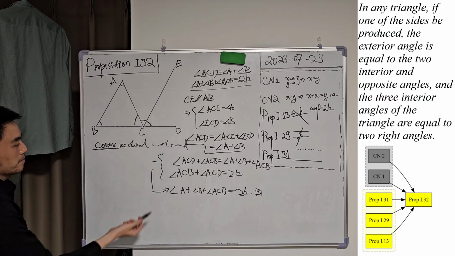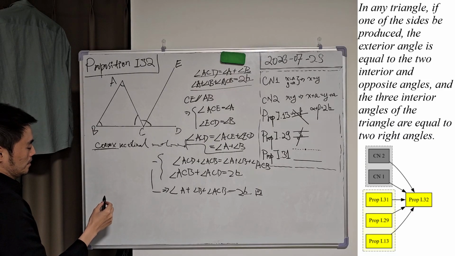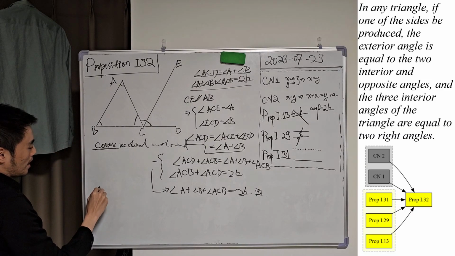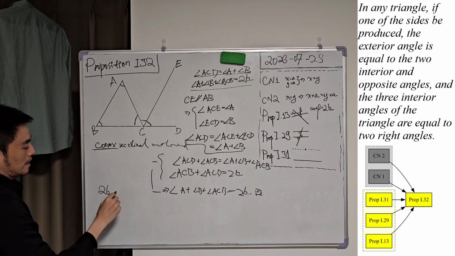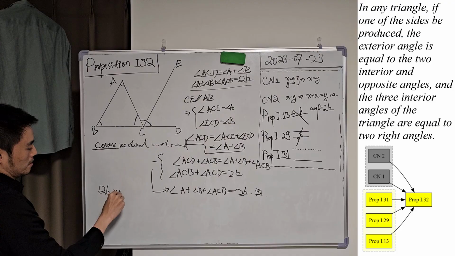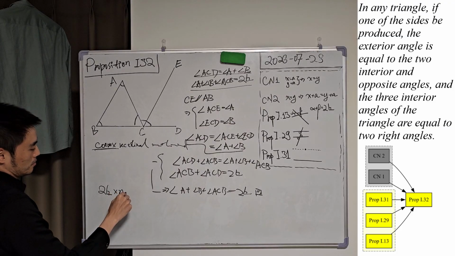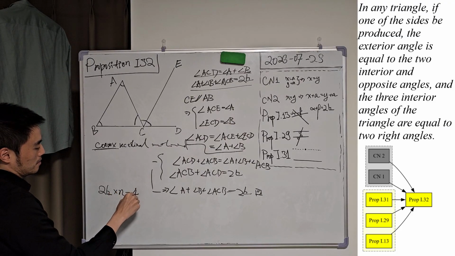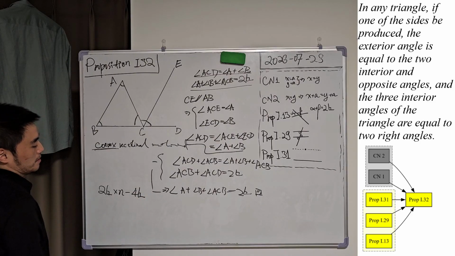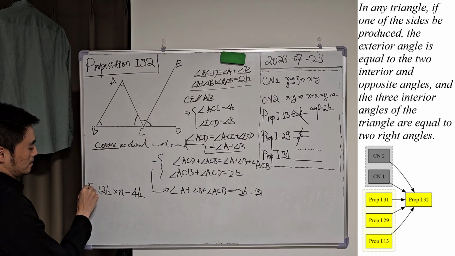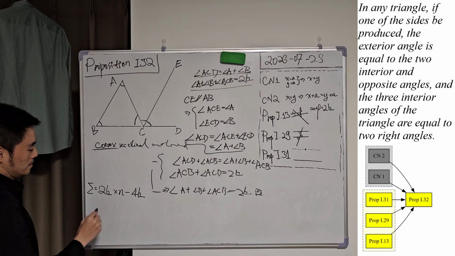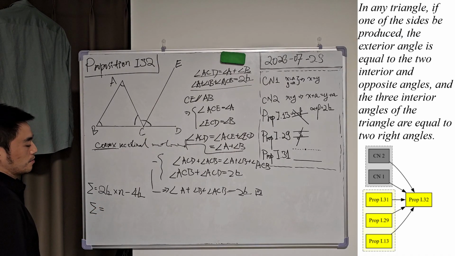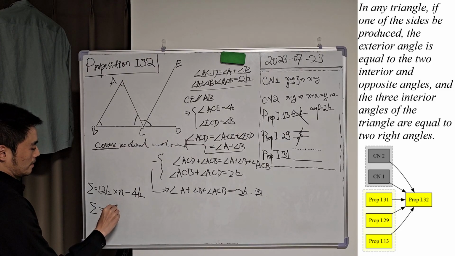The sum of the interior angles would be twice right angles as many as the number of the sides. Let's assume it is n. That's 2n right angles, and we subtract 4 right angles from it. This is the sum of the interior angles, and the sum of the exterior angles will be equal to 4 right angles.